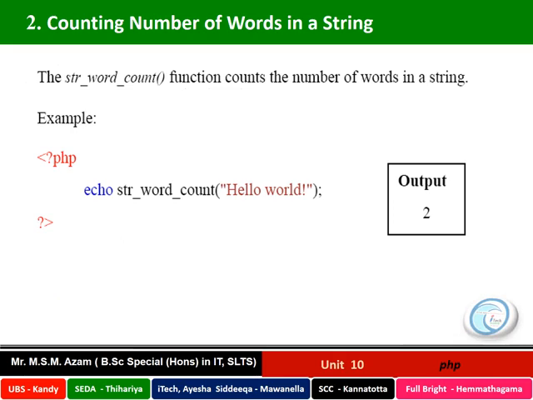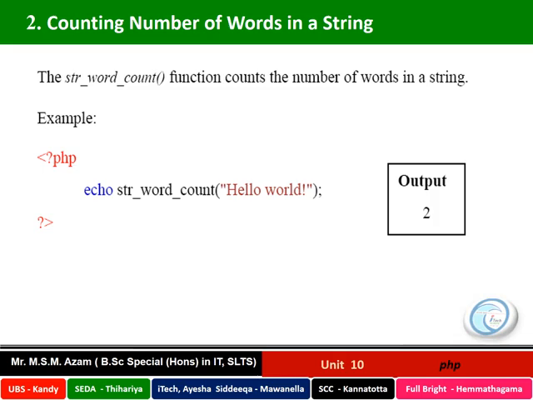Second one, counting the number of words in a string. There is a function called str_word_count, which counts the number of words in a string. That means to count the number of words in a string, we have to use the string word count function in PHP.